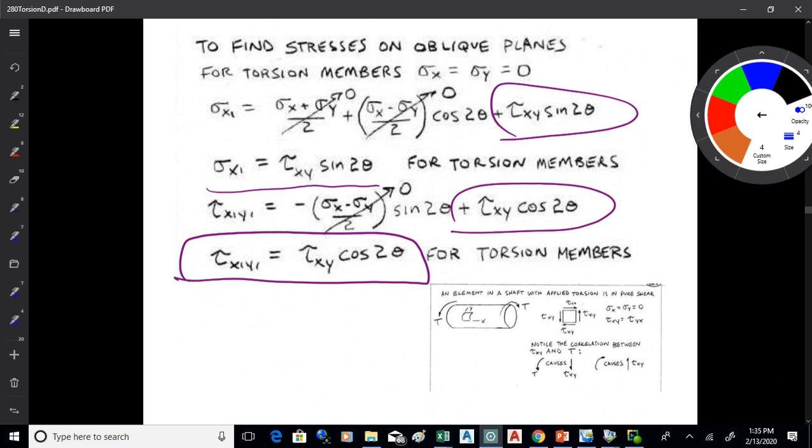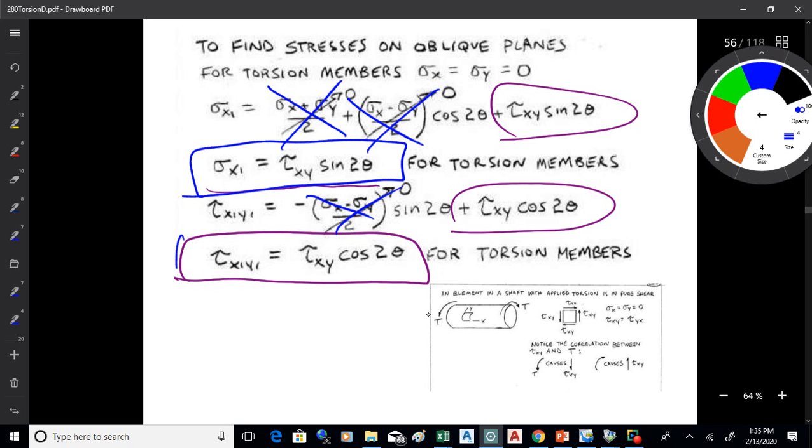Now the biaxial formulas simplify a good bit because the full biaxial formulas involve a lot of stuff with sigma x and y, and that zeroes out because sigma x and sigma y are 0. So what you end up with are simplified biaxial formulas, right there for sigma x1 and right there for tau x1y1. They're simplified, they're on the back of the formula sheet, and they are 96 and 97.